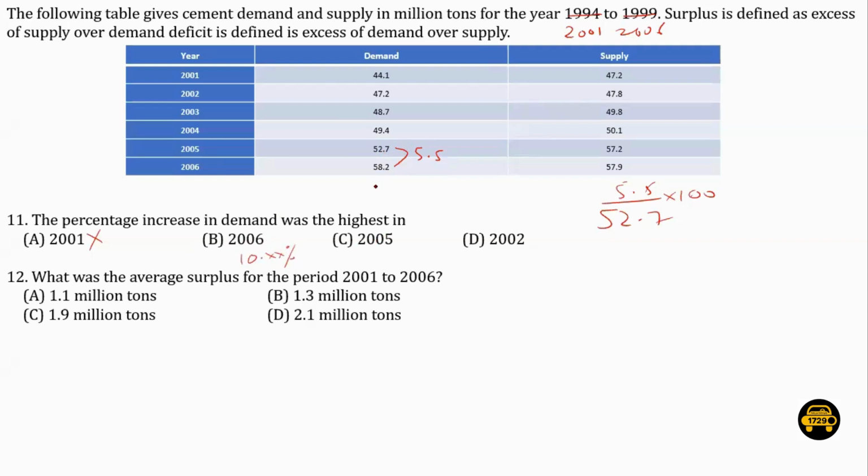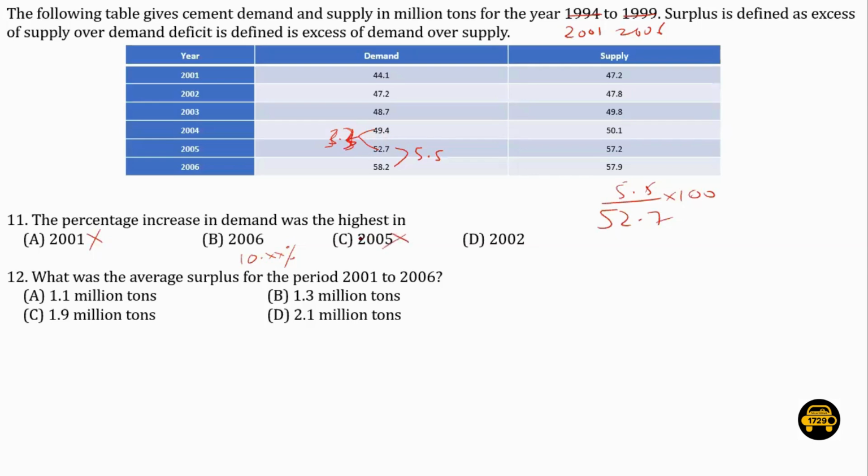Now for 2005, 49.4 to 52.7. The change is 3.3, an increase of 3.3 over 49.4. 10% of 49.4 is 4.94, so of course it's less than 10%.